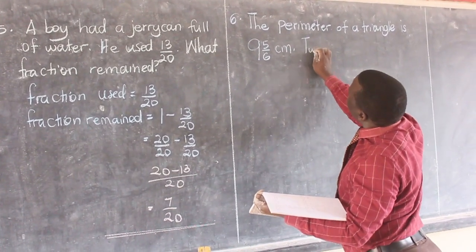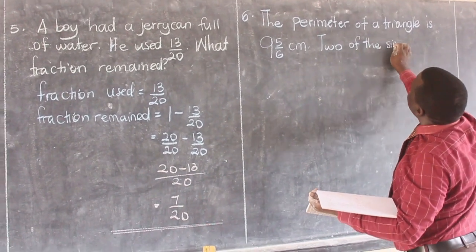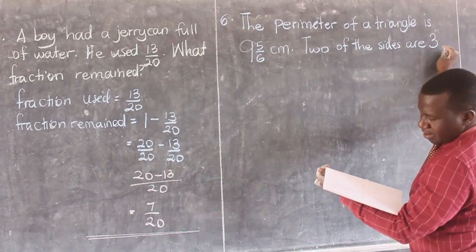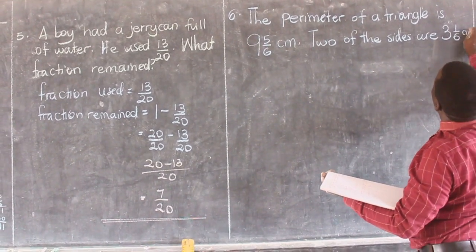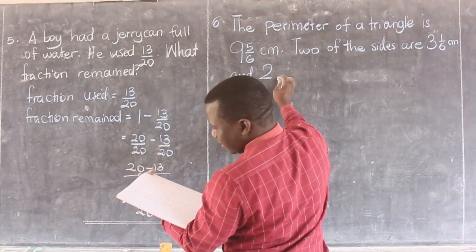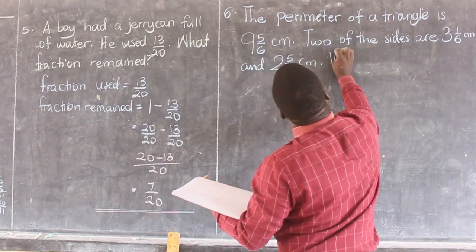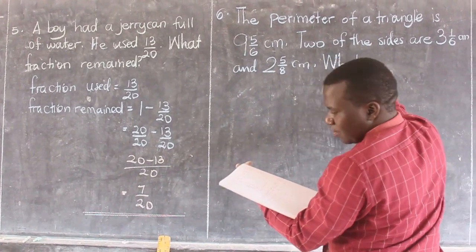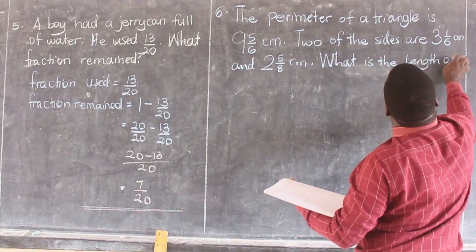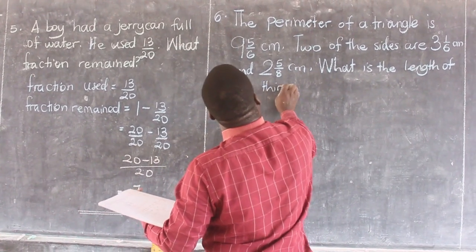Okay, two of the sides are 3 whole numbers and 6 centimeters, and 2 whole numbers and 5 out of 8 centimeters. What is the length of the third side?